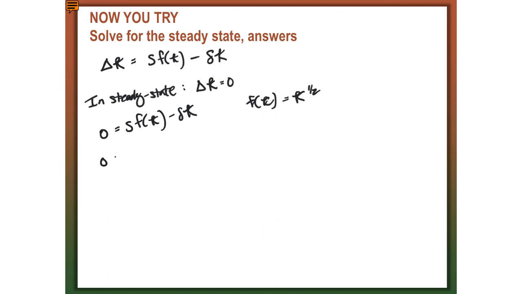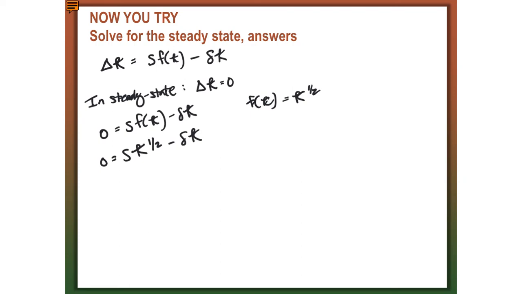So we can say that 0 is equal to s times little k to the 1/2 minus delta k. So now we have an equation with one variable, little k. We have a couple of parameters here, s and delta, but remember these are just determined elsewhere. These are numbers that are given to us in the problem. So we have one equation with one variable. That means we can solve for that one variable.